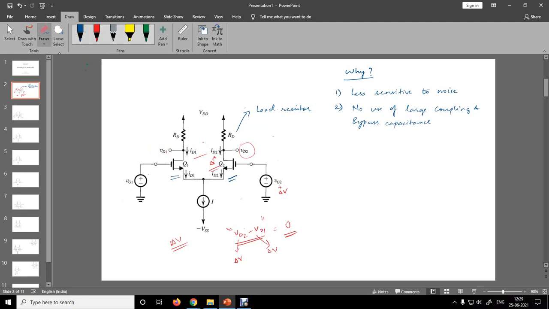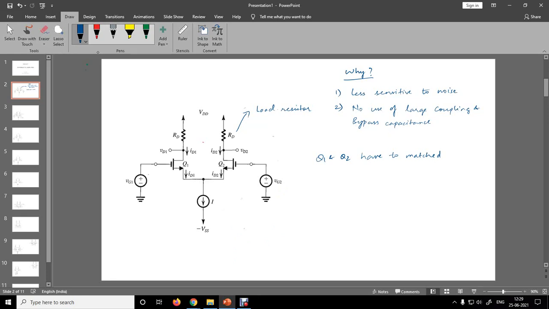Another thing, the not-so-advantageous part, is that Q1 and Q2 which you see here have to be properly matched. They might not be ideally matched, meaning both transistors cannot be identical, but they should be matched.